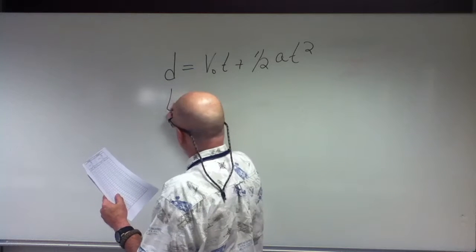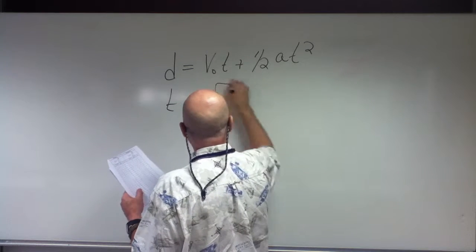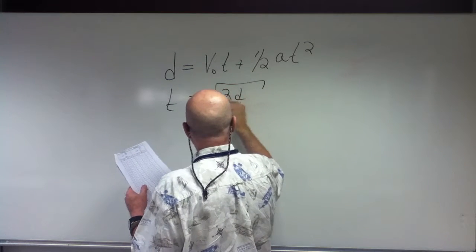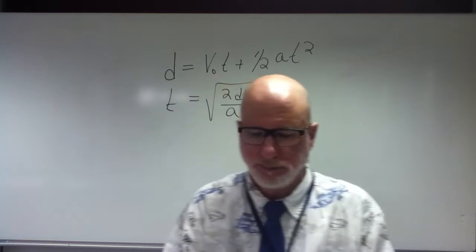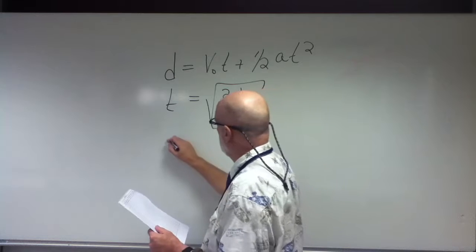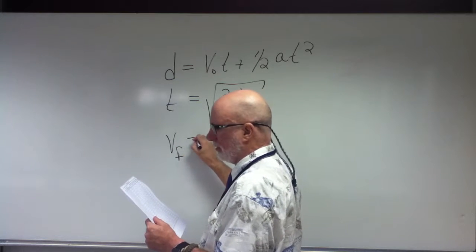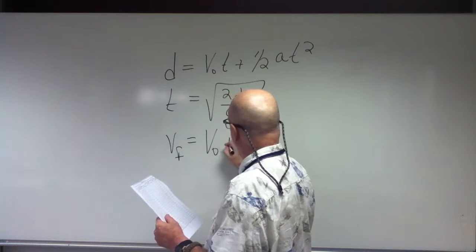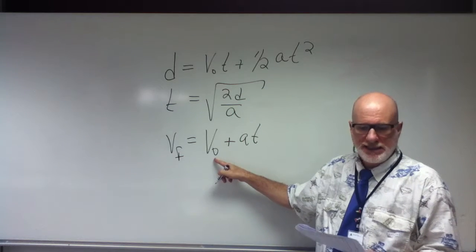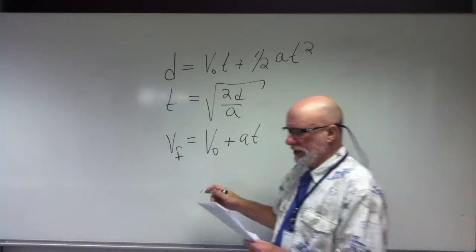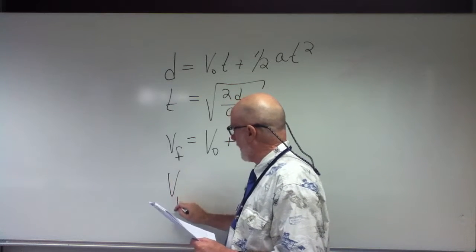And you got to know T equals 2D over A. That's worksheet 9. Worksheet 10 is VF, final, equals V0 plus AT. There's that naught again, means initial. Worksheet 11 is a really cranky looking one.